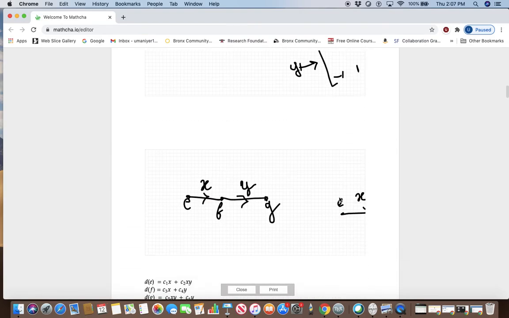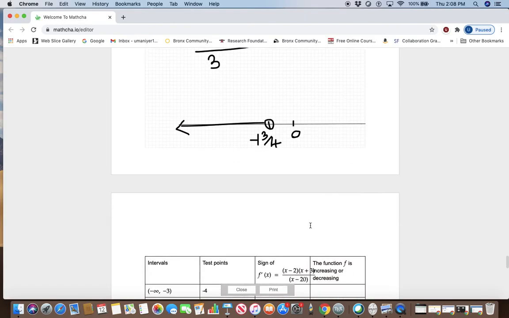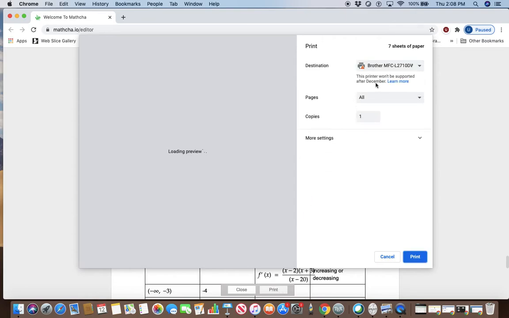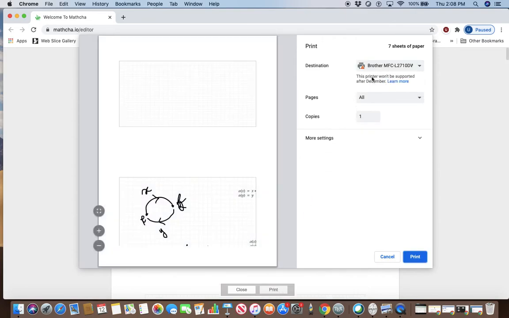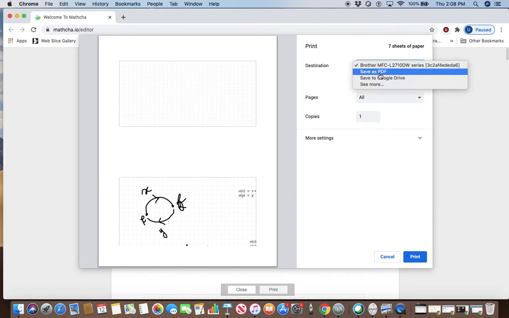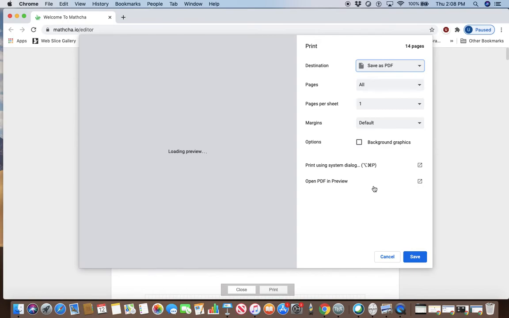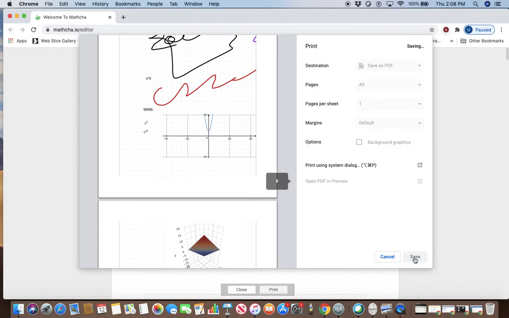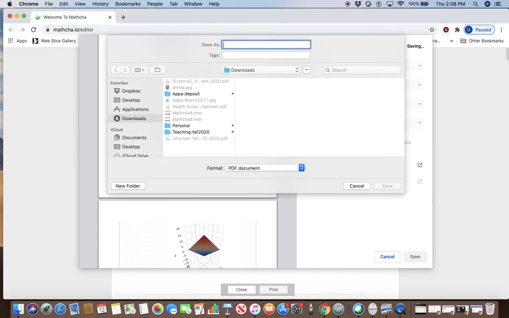Okay, so it gives me page after page after page. If I press print, right, I have a printer lined up, but what if I don't want a printer lined up? I have an option of saving as a PDF. Okay, this I like because once I press save as a PDF, I have a PDF of all the work I did, right? Save, say, what was this about?